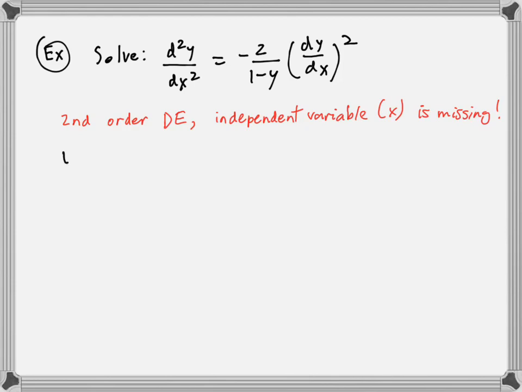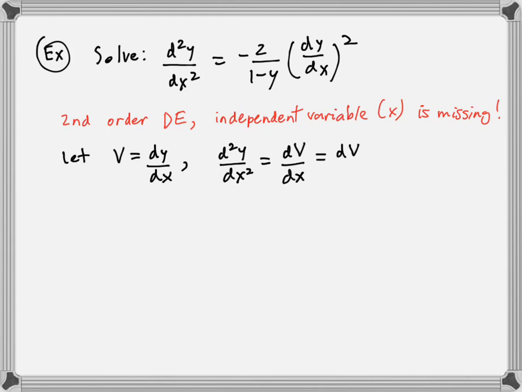So I'm going to say let v equal dy dx, and then we know that the second derivative of y with respect to x is equal to dv dx, which is equal to dv dy times v. And so we've got our substitution then. So star, let me go ahead and call this first guy star.